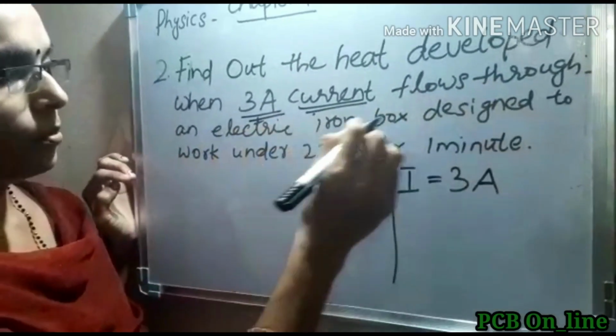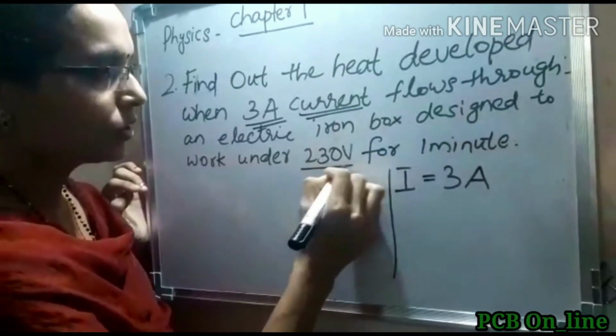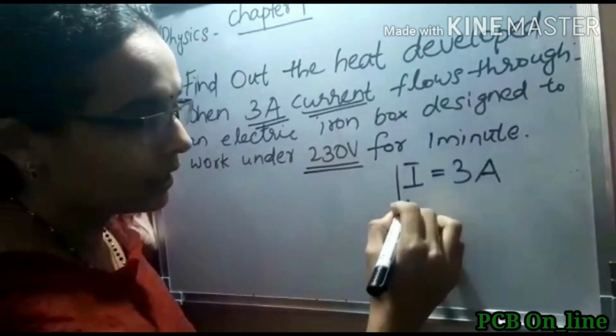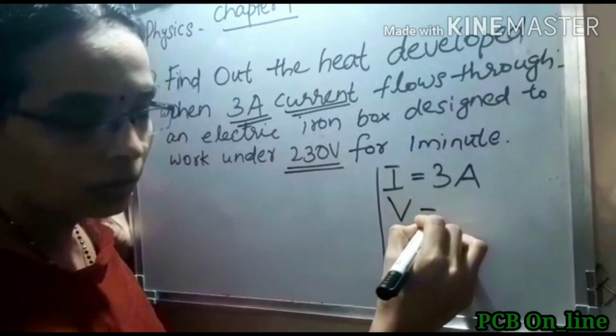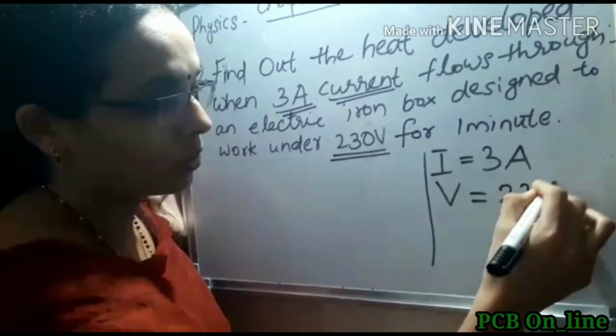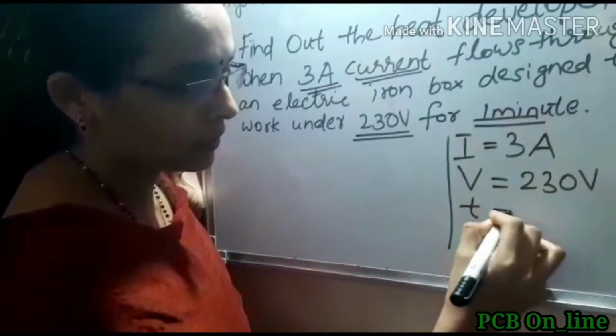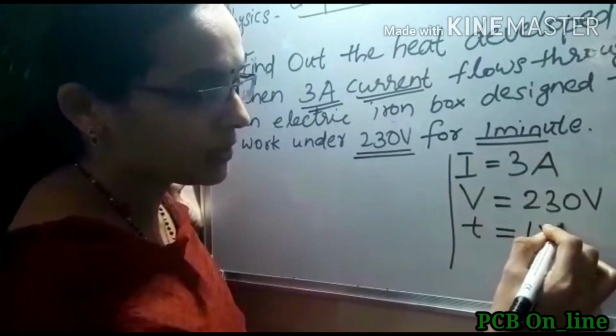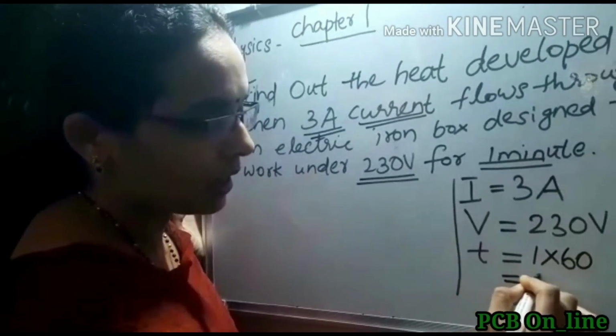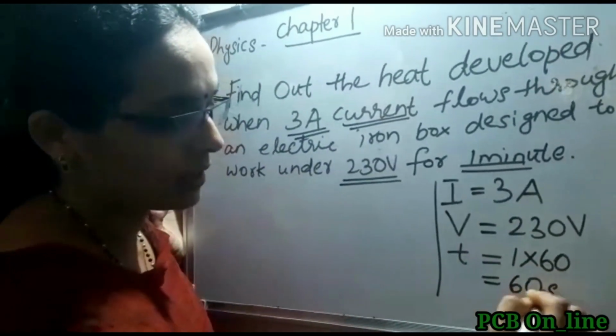Flows through an iron box designed to work under 230 volt, that is V is equal to 230 volt. Next, 1 minute, that is time. T is equal to 1 minute means 1 into 60 is equal to 60 seconds.